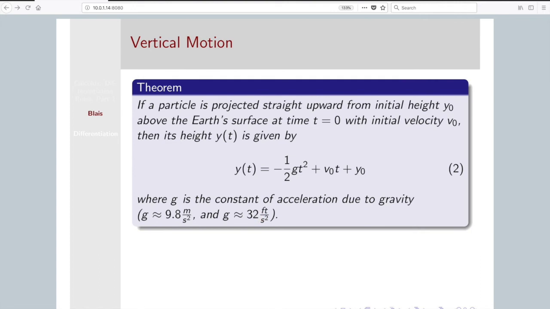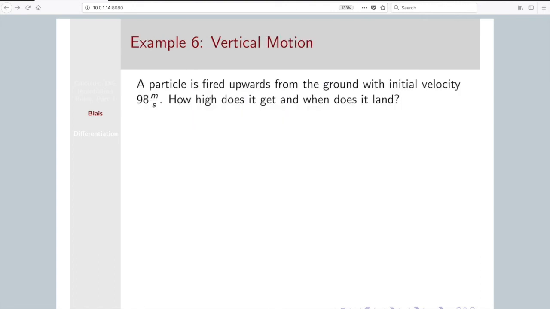Now let's do an example with this. Suppose we have a particle fired upwards from the ground with initial velocity 98 meters per second. How high does it get and where does it land? Well, we're told right off the bat here that our initial velocity is 98 meters per second. We also need the initial position, initial height.